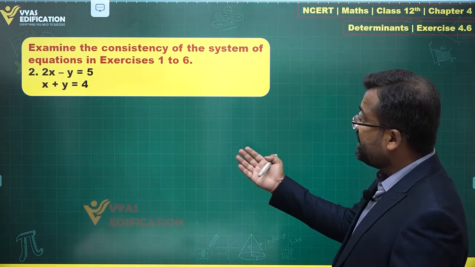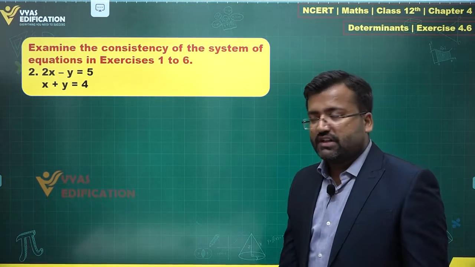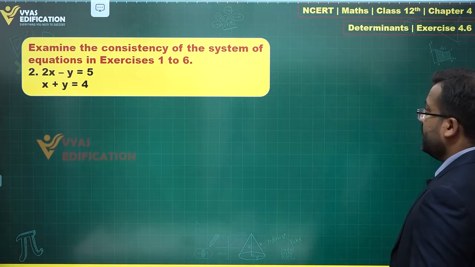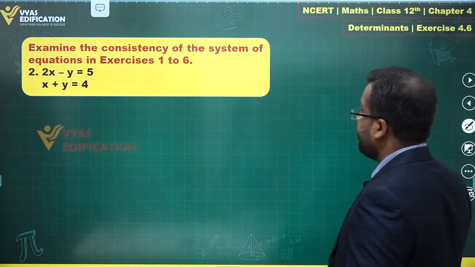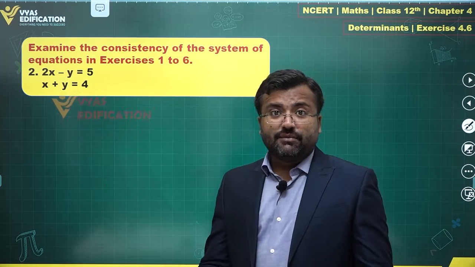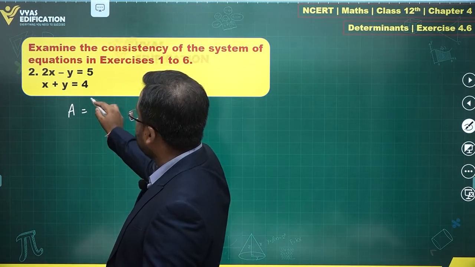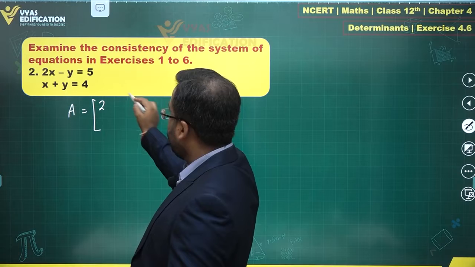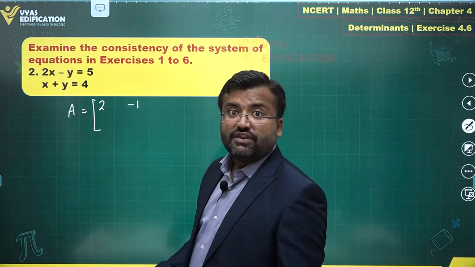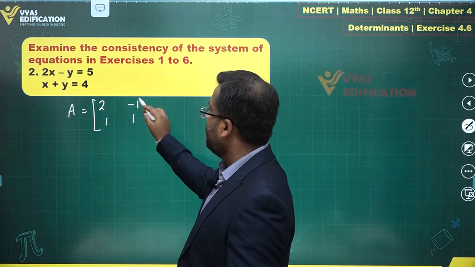The question says examine the consistency. Once again, a similar question as the first one, and examining the consistency is not a difficult thing. What we can do is we can create a matrix A first of all. That's the coefficient matrix. The matrix A can be formed using the coefficients of x and y in the first equation, and the second equation it is 1 and 1.